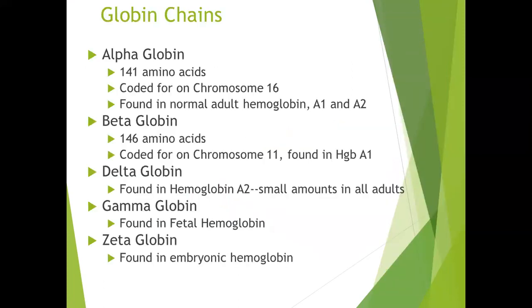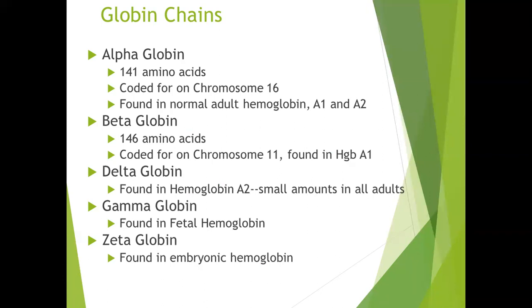So what are the globin chains basically? Globin chains are alpha, beta, delta, gamma, and zeta globin chains. Alpha globin consists of 141 amino acids coded for on chromosome 16, found in normal adult hemoglobin A1 and A2.